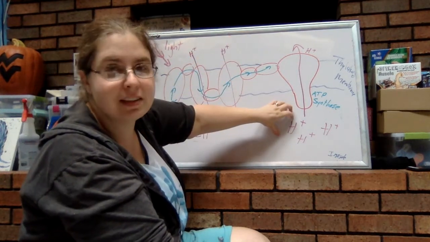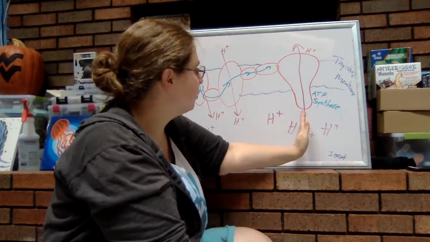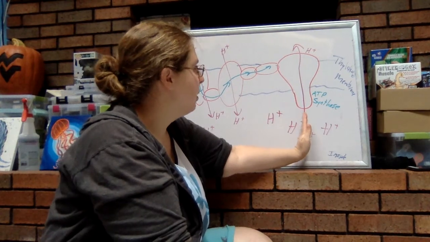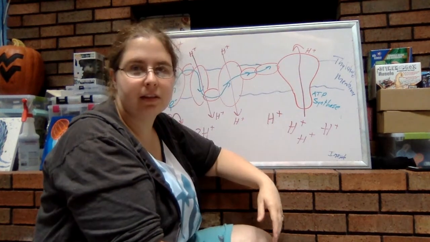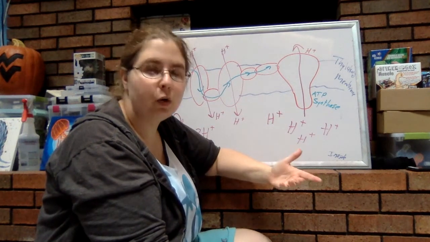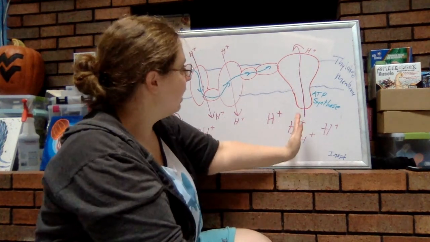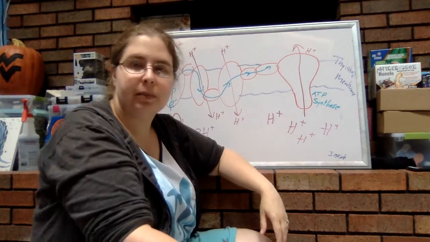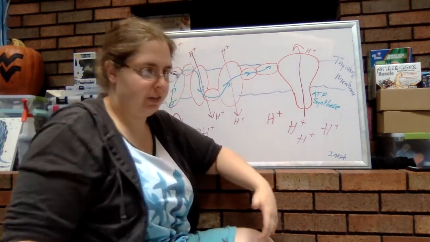So now that we have this big concentration, it's going to cause the hydrogen ions to move through the ATP synthase in order to get to the area where there is a lower concentration. And as they move through that ATP synthase, it generates energy.